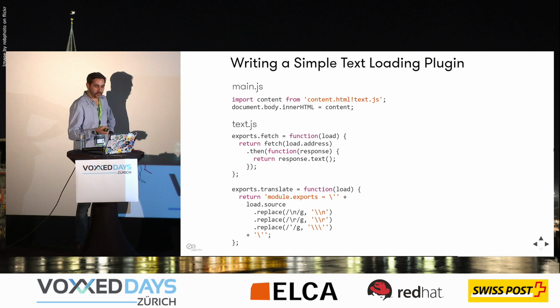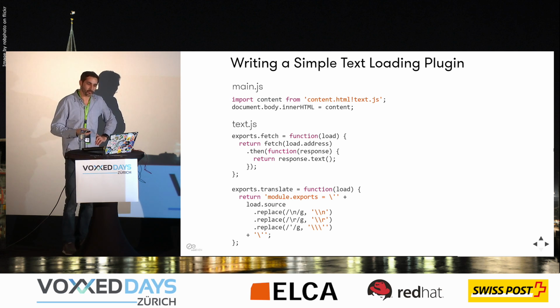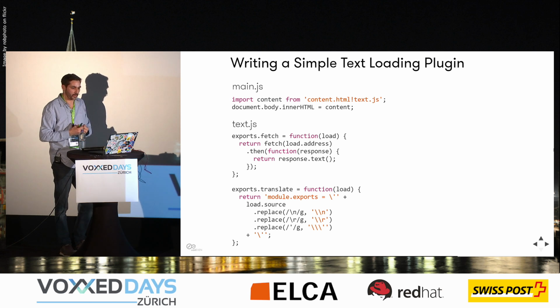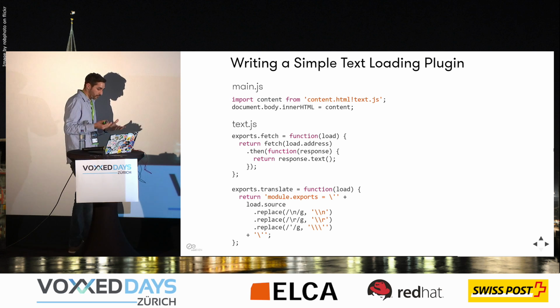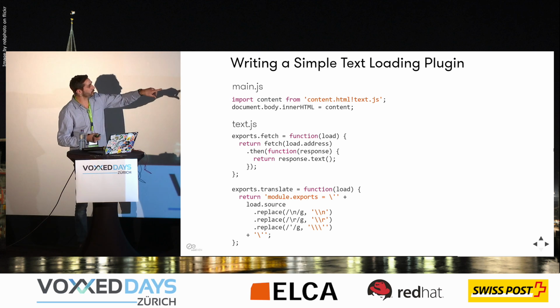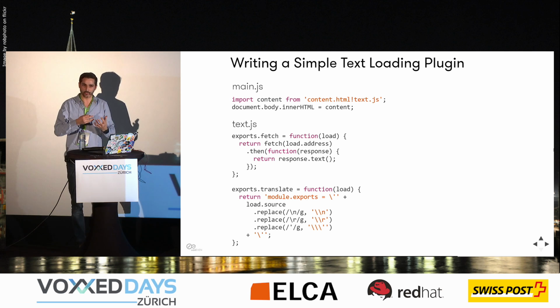And in the implementation of text.js, the loader plugin, we are implementing two hooks. The first one is the fetch hook, so we are using the fetch API to fetch the text content of the file that is loaded. And then in the translate hook, we need to make a JavaScript module from this text, from this string.